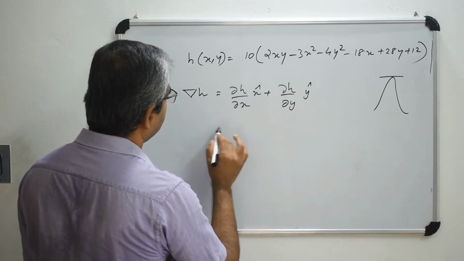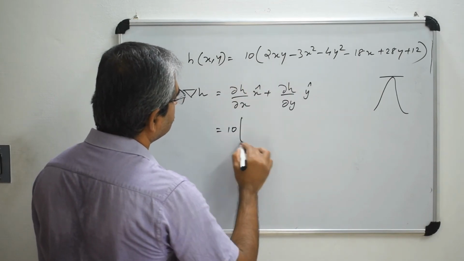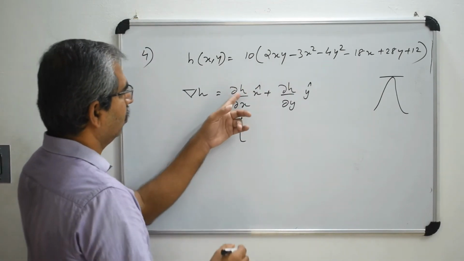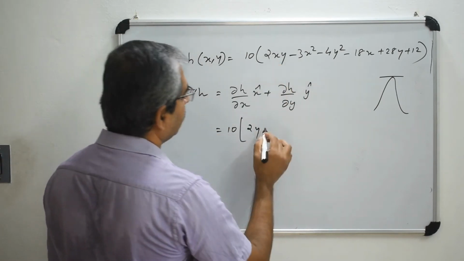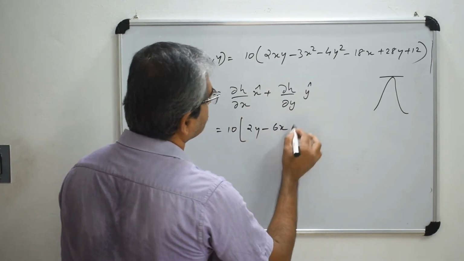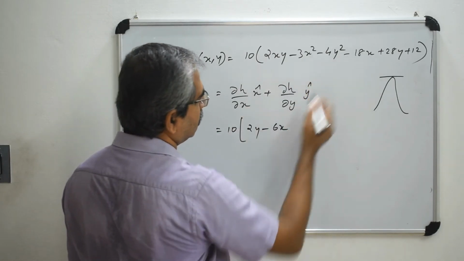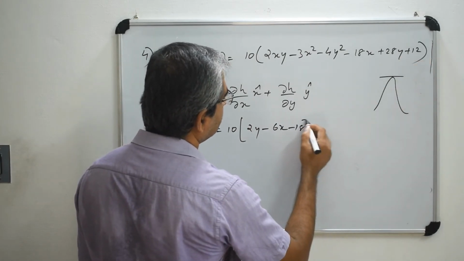So what is dou h by dou x? See, 10 is a common factor here. So you can write it as 10 into dou h by dou x, that is 2y minus 6x, this is 0, this is minus 18, then no x terms are there.